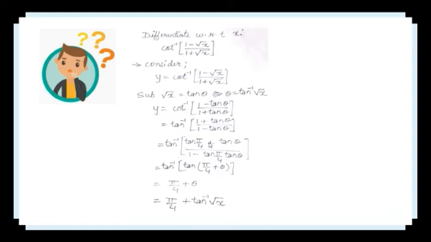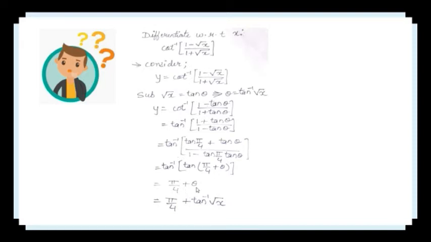Which type of formula is this? Tan of a plus b is tan a plus tan b upon 1 minus tan a tan b. So I can write this as tan inverse of tan of (a plus b). Tan inverse of tan theta will be theta only. So I can write this as pi by 4 plus theta.